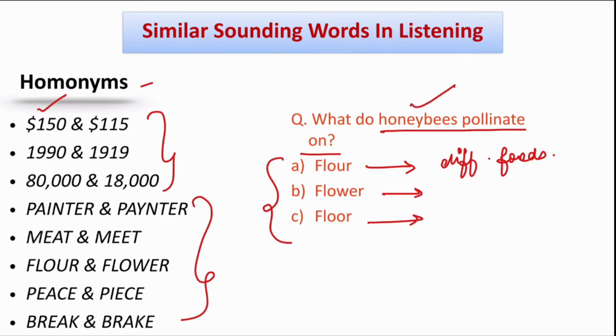This is also sounding similar, but it means on the ground. And we know that honeybees cannot pollinate on the ground. So the most likely answer can be B. This prediction you can make prior to listening to the audio, and these prior predictions can definitely help you to plot the correct answer.